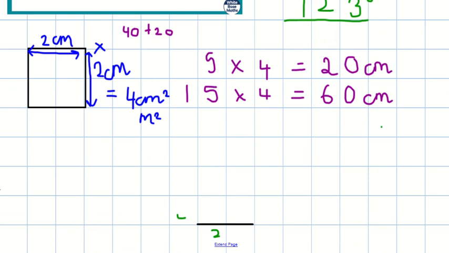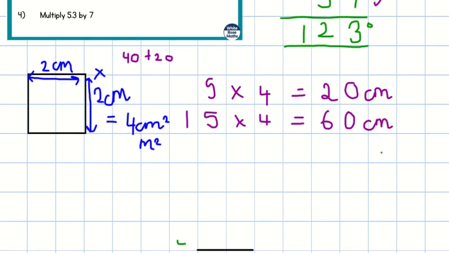Okay, let's have a look at question number 4 then. So number 4, I'm assuming that most people would probably have felt most comfortable using the column method. Some of you may have had a mental method, which we can look at in a moment. Okay, so we've got 5.3 multiplied by 7.